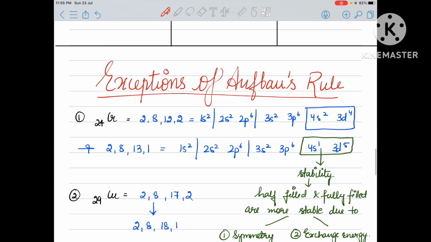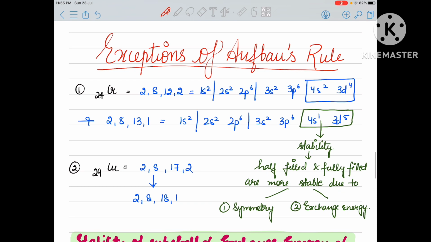Now, these are very important exceptions of the Aufbau rule. If you are clear here, the more detailed reason you will get in class 12th. So, the first exception is chromium, which has an atomic number of 24, 2, 8, 12, 2, right? According to what you people know, the configuration should be like this, right? 1s2, 2s2, 2p6, 3s2, 3p6, 4s2 and 3d4.